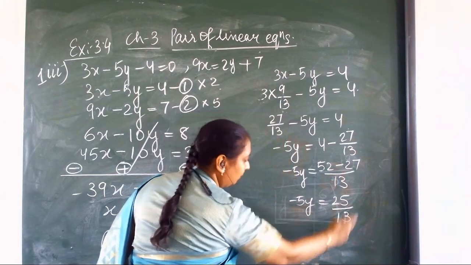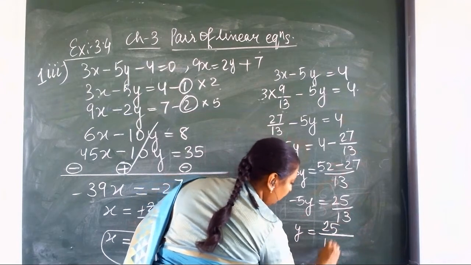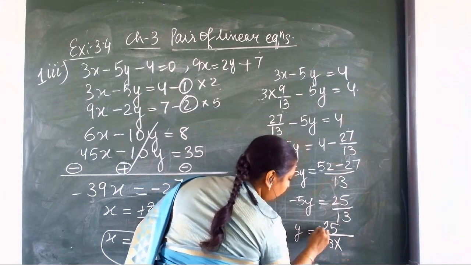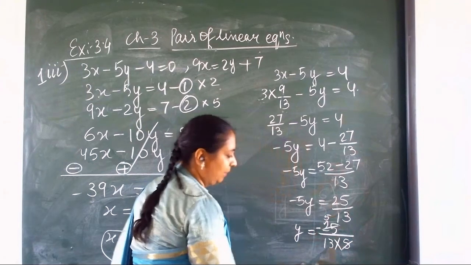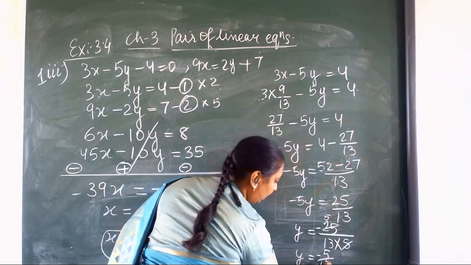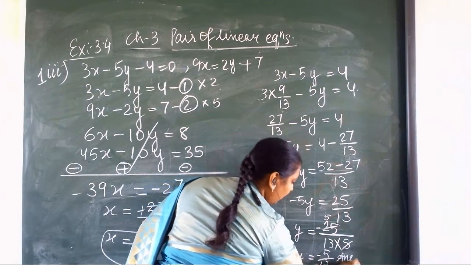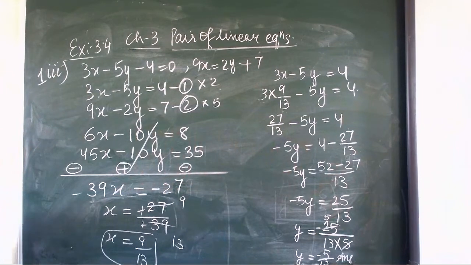Now this 5 goes there, y is equal to 25 upon 13 into minus 1 upon 5. 5 is cancelled by 5. 5 fives are 25. So y is equal to minus 5 upon 13. The value of y is minus 5 upon 13. Here, the value of x is 9 upon 13, and y value is minus 5 upon 13.